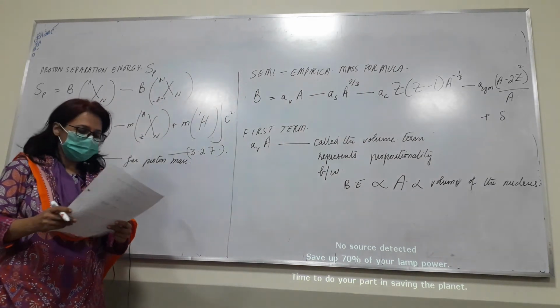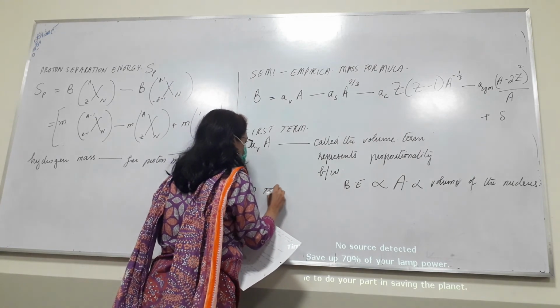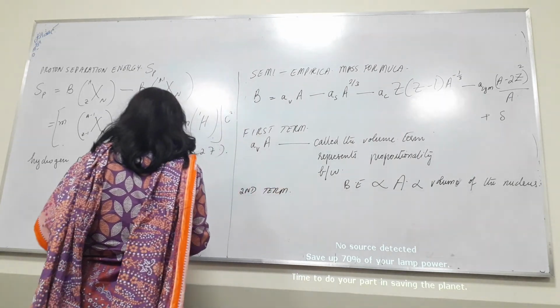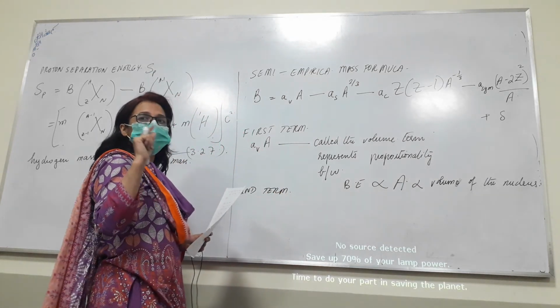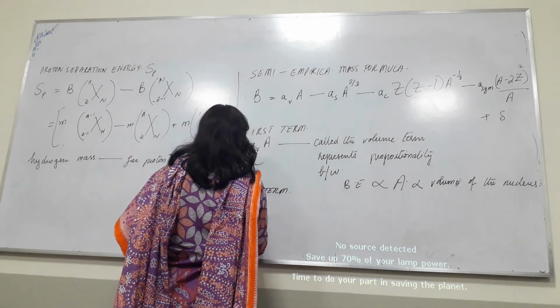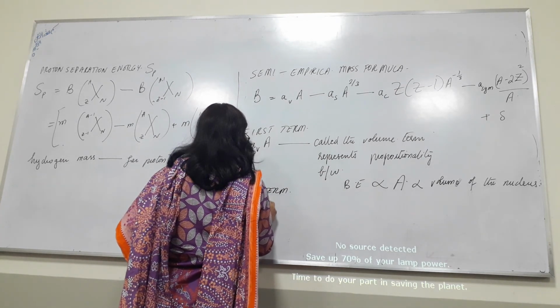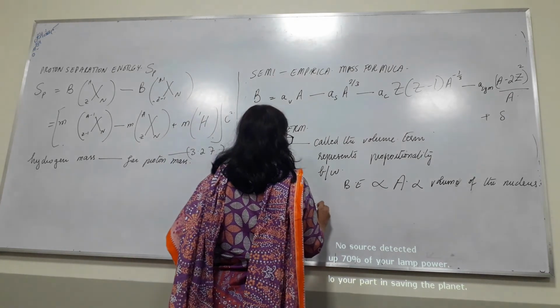Okay. Now the second term. The second term contains A raised to the power 2 over 3. So A subscript s multiplied by A raised to the power 2 over 3. So this is called the surface term.